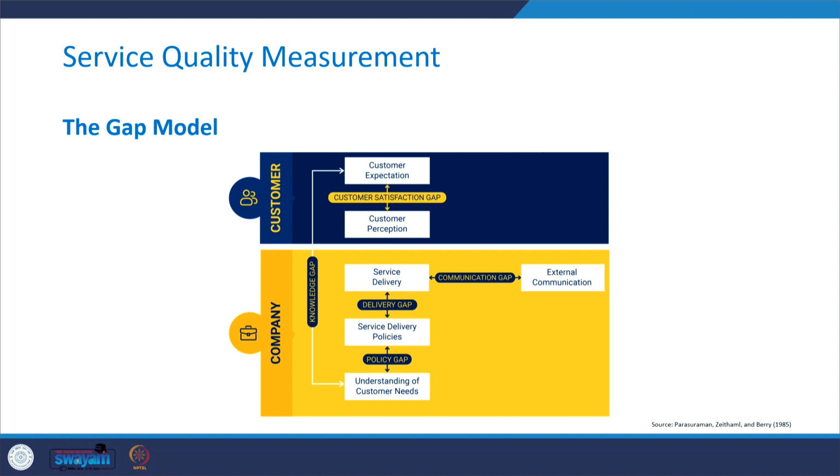What we are looking at here is the process of transferring or addressing customer needs and preferences from a service provider's perspective. This part is the company or service provider, and this is what happens with customers. Customers have some expectations, then they form some perceptions of how the service was delivered to them.